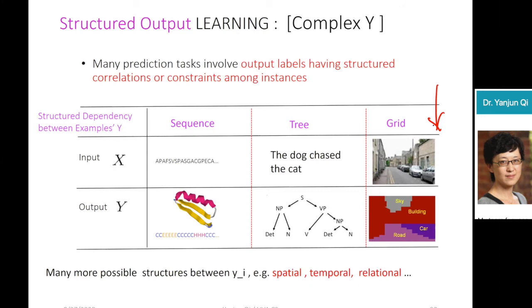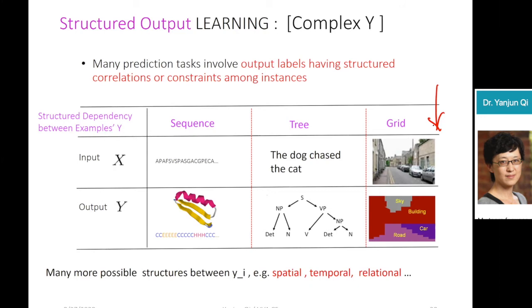The output space is large because I need to classify every pixel in this image into a class. And I need to consider neighbors' Y output to decide what my output should be, right? A sky pixel is very likely to be surrounded by sky pixels too. So you really need to consider this type of dependency. And this is called structured output learning.